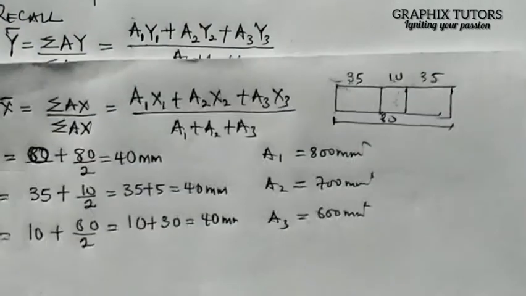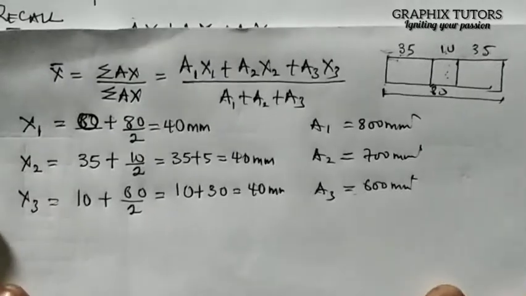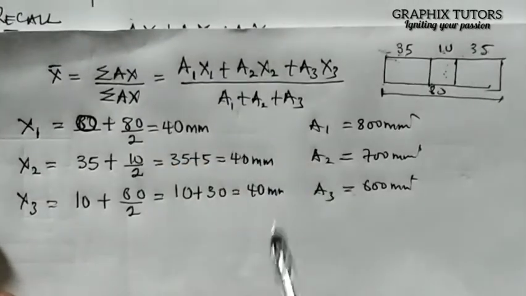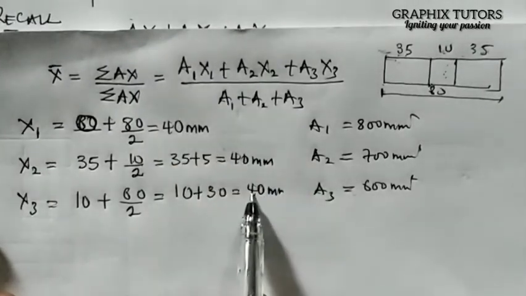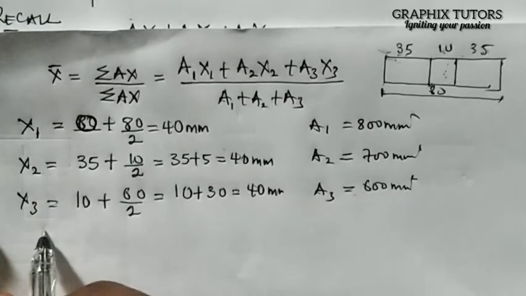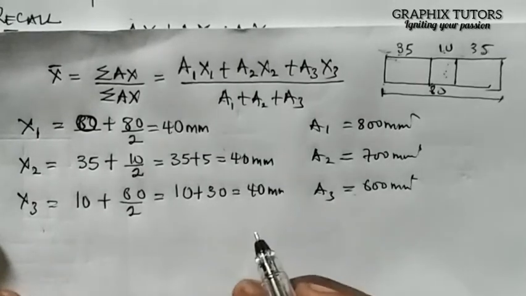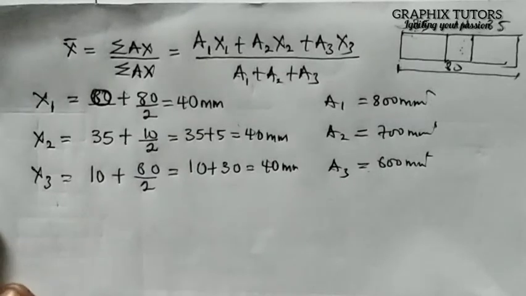So from here we'll start putting our values in. Naturally, since everything is 40 here, there's no big deal. My x bar is equal to 40. Or if you want me to prove it out, let me prove it out so you see.